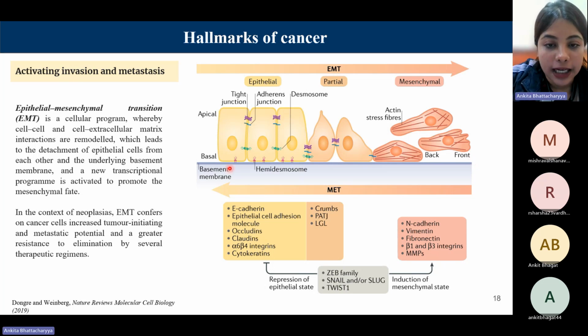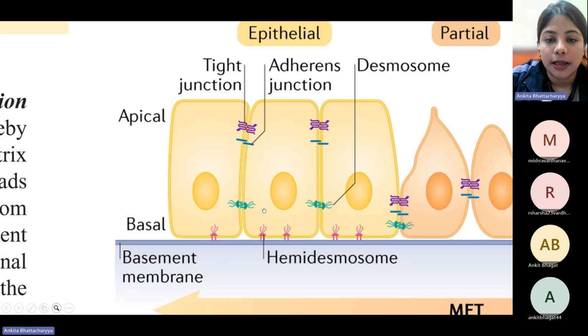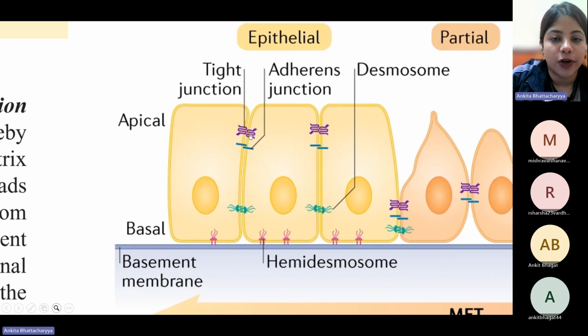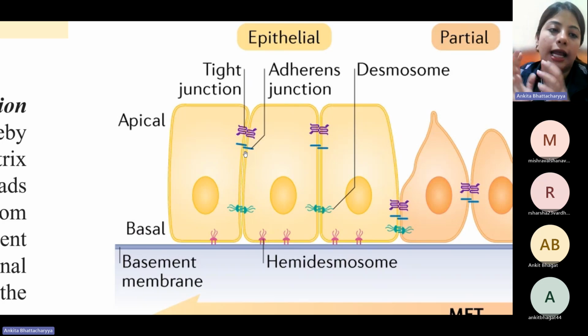What else do we see here? We see that in between cells and between the cell and basement membrane, you can see these little purple, let me zoom in, these little purple sort of connections which are present, right? So in between cells, there are something called tight junctions and adherence junctions. Think of them as sort of locks, which are cell 1, cell 2 interacting via tight junctions and adherence junctions.